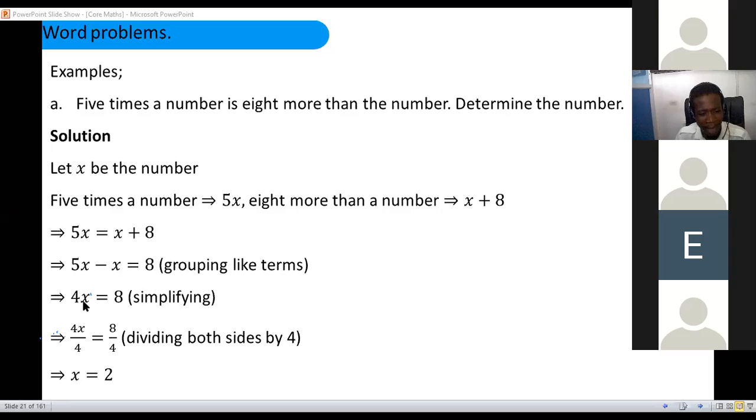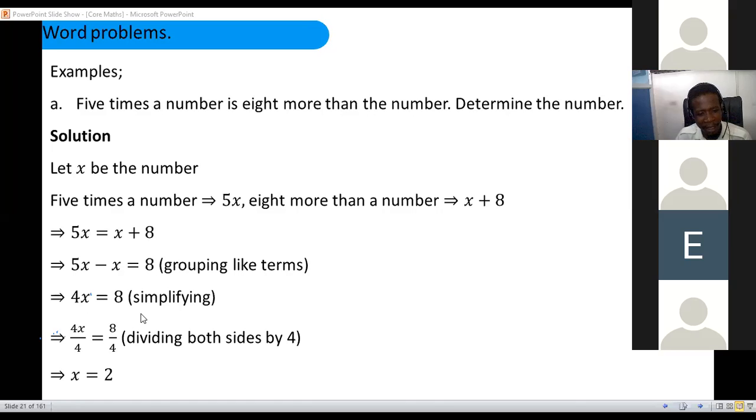When a number is multiplying the variable, we have to divide through by the number multiplying the x. So here we divide through by 4 because 4 is the number multiplying the variable. That is the only way we can have the coefficient of x to be positive 1.